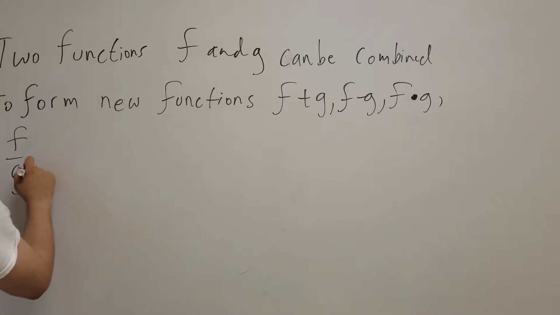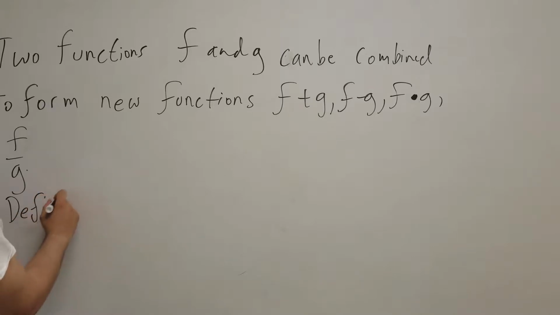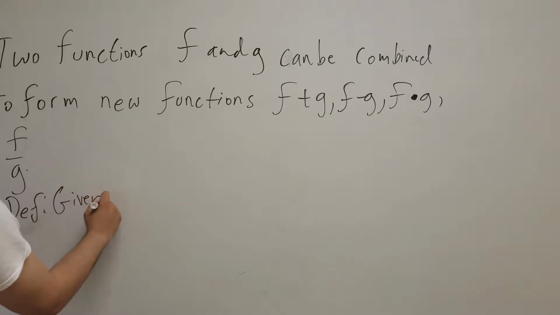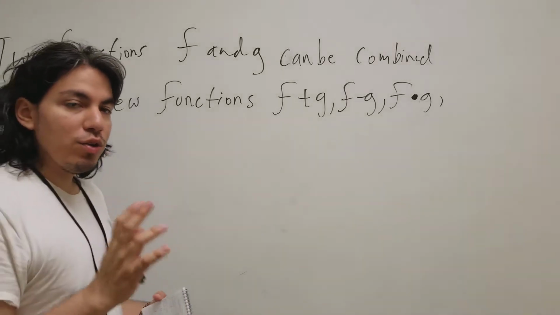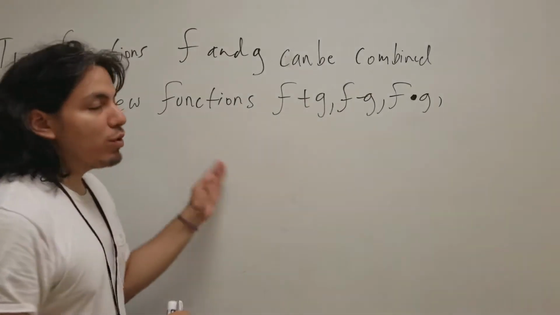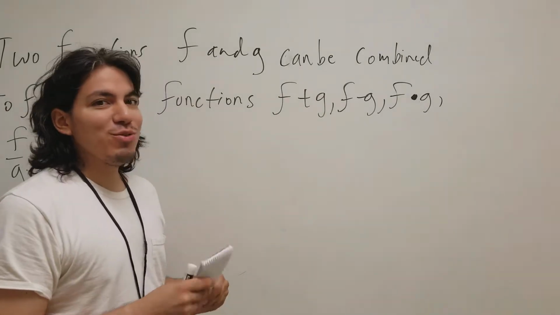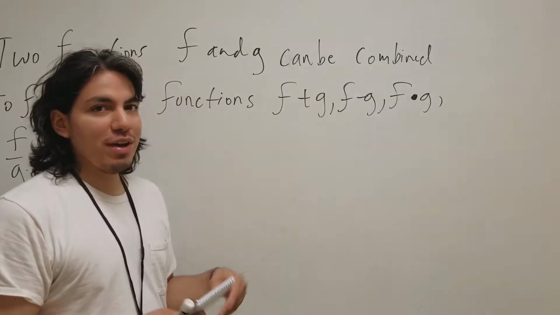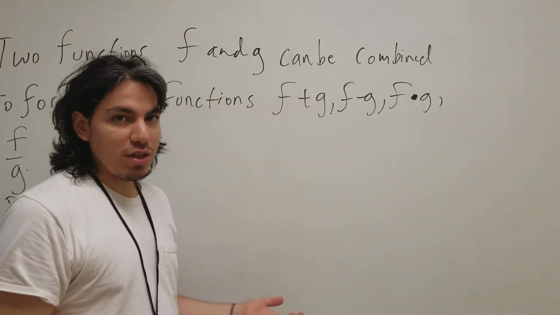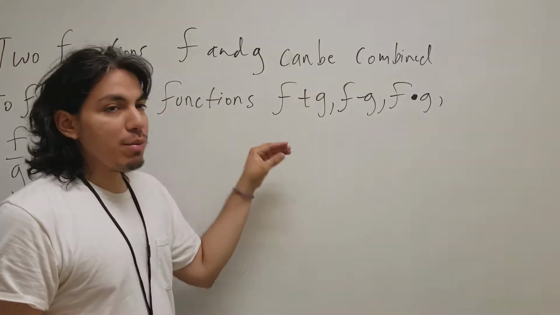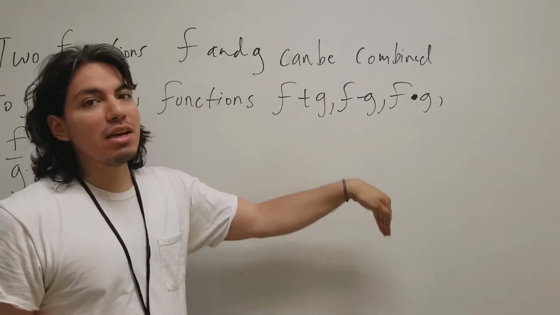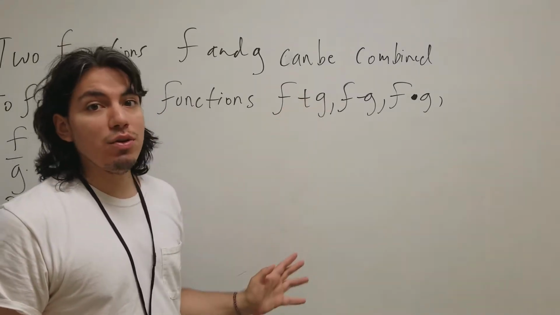Now, for the definition. Not only are you able to do these four things, but with functions you're able to do something completely different. We should call this the inception, or if not, the composition. That's what we call this, composition, because you're able to take a function and put it within another function and you'll get something brand new.